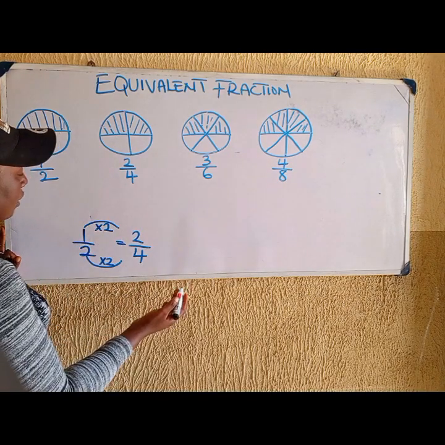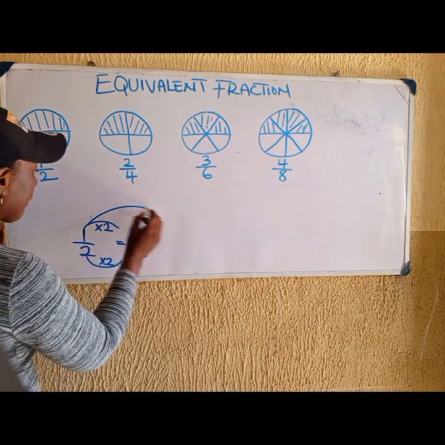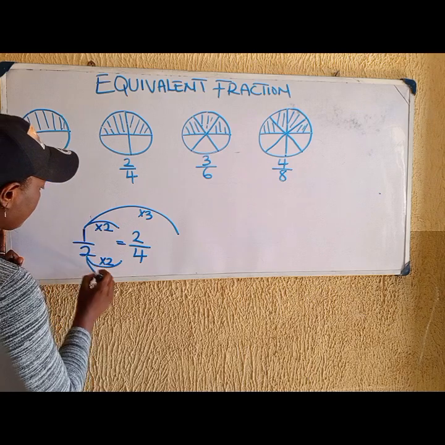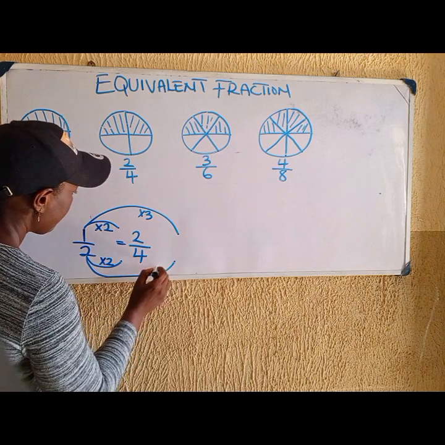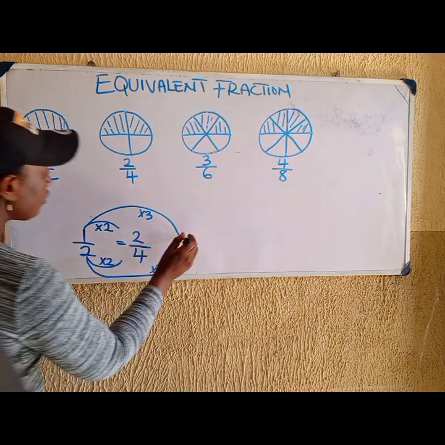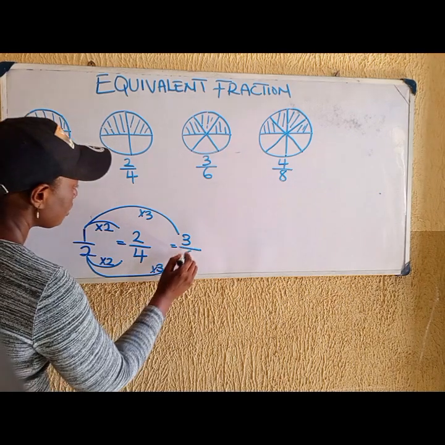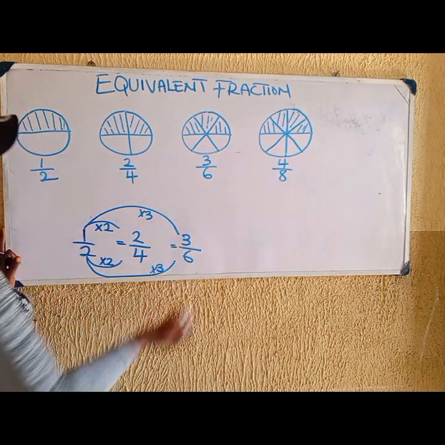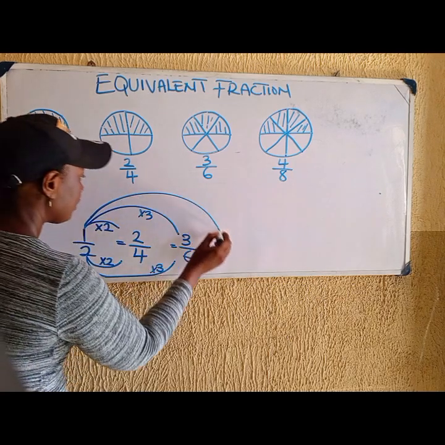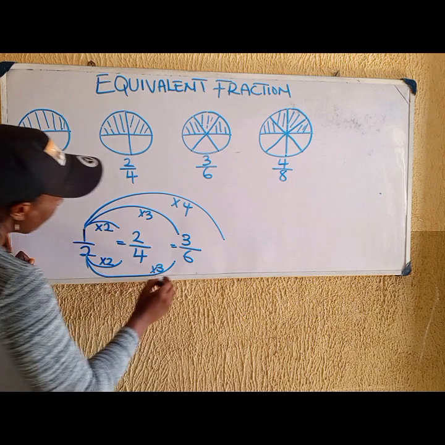To obtain another equivalent fraction of 1/2, we multiply again by 3. 1 times 3 will give us 3, over 2 times 3 will give us 6. We have 3/6. You can also multiply by 4.